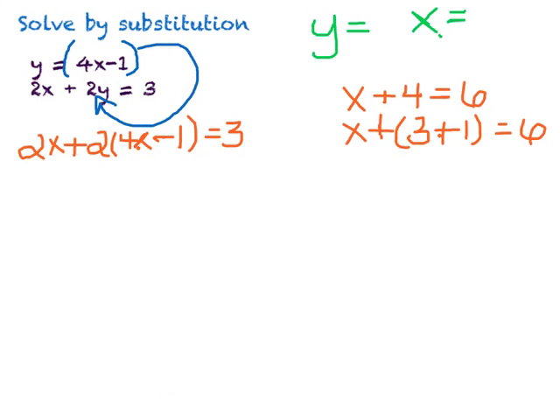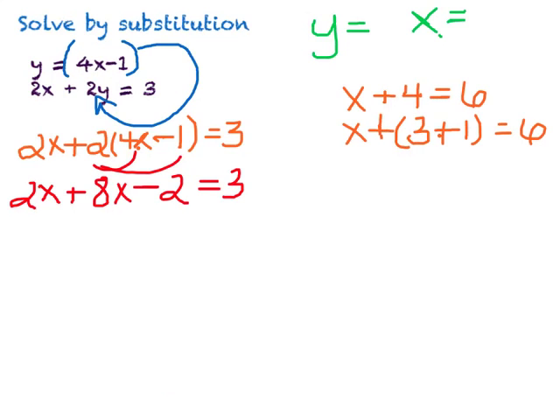So now we're going to solve. We're going to distribute that 2. So we have 2x plus, and 2 times 4x is 8x, and then 2 times negative 1 is negative 2, and that equals 3. Now I'm going to combine like terms, so I have 2x and 8x. That gives me 10x.